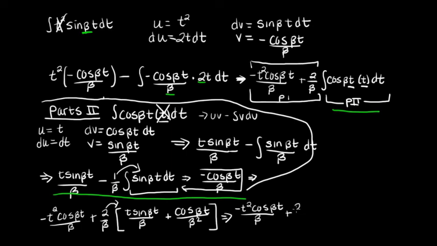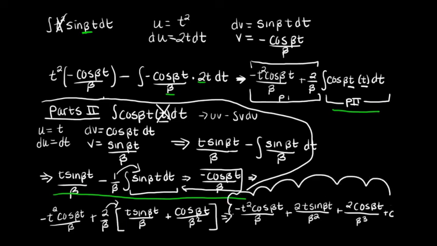So we have a 2t sine beta t all over beta squared plus a 2 cosine beta t all over beta cubed plus C. All right, this is our final result.